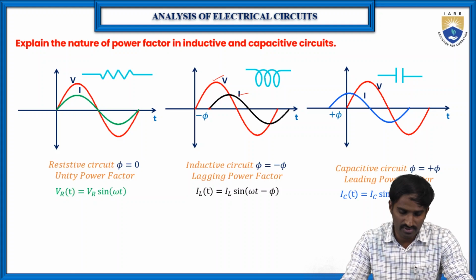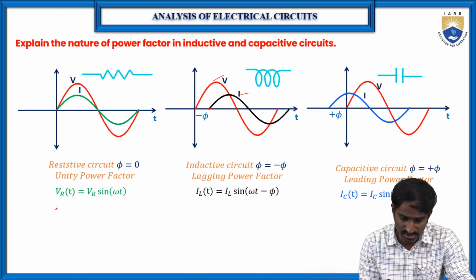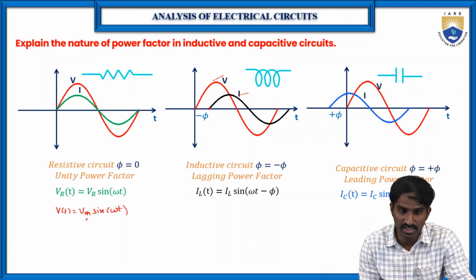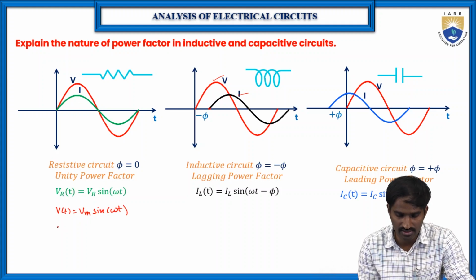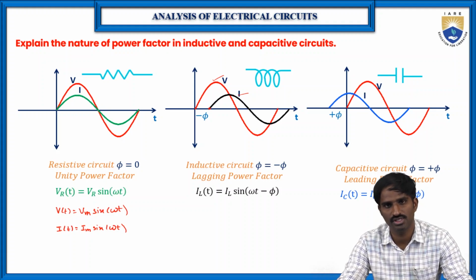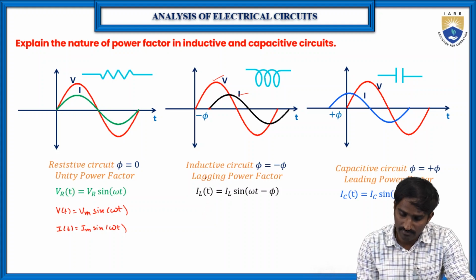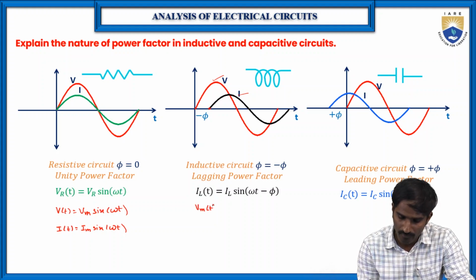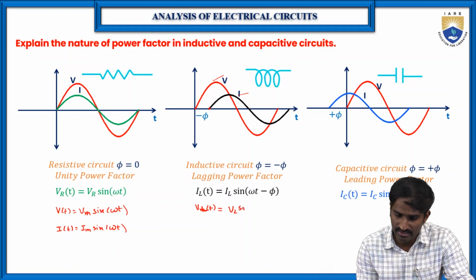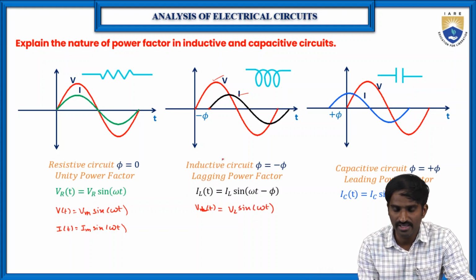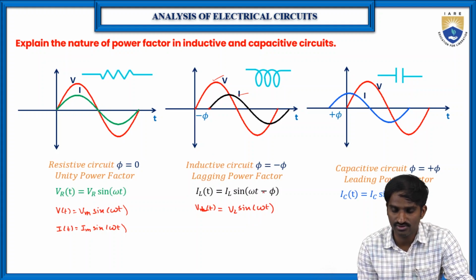In other words, let us consider v(t) equal to Vm sine omega t, and similarly the current is also a sinusoidal waveform, so i(t) is equal to Im sine omega t, because both start at the same point and the phase difference between them is 0. But here, for the inductive load, v_L(t) is equal to V_L sine omega t, but the current is after 5 degrees, which means it is lagging, so we usually take it as a minus sign: i_L sine omega t minus 5.